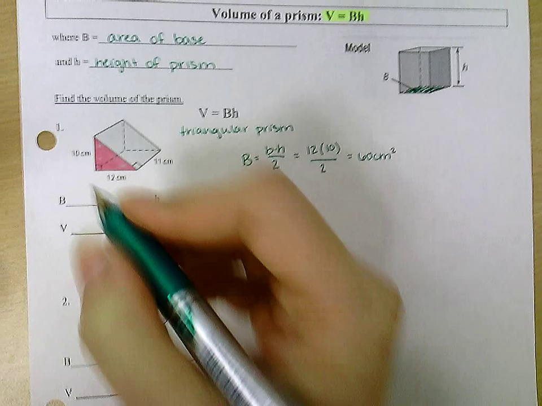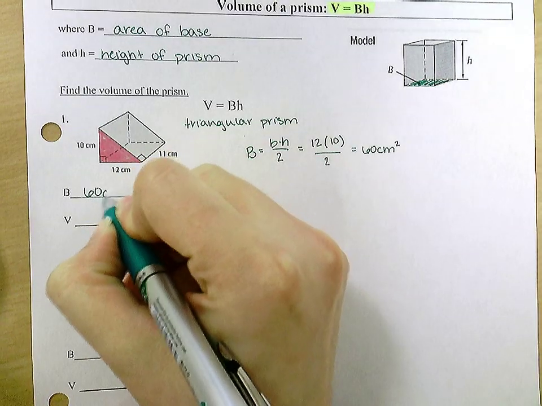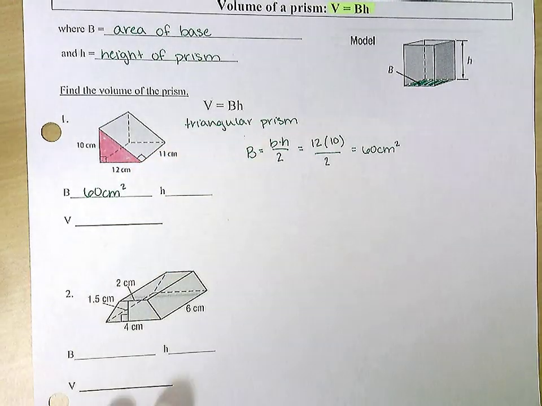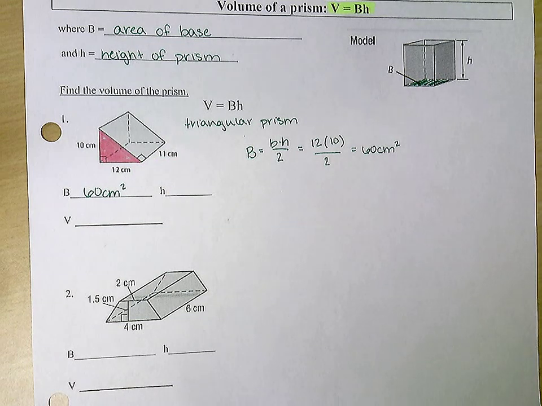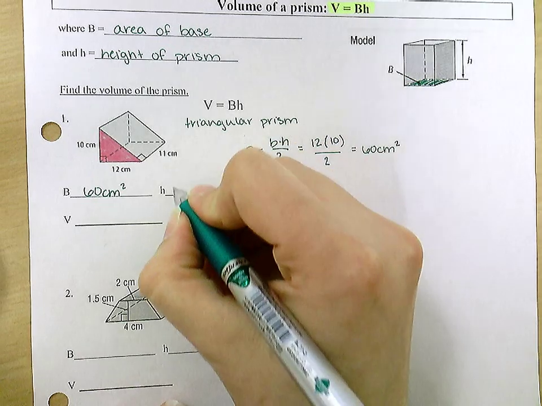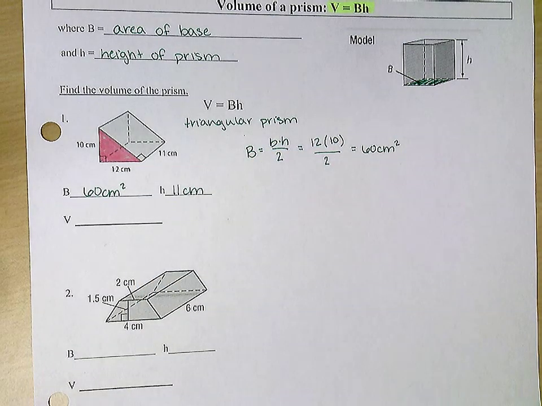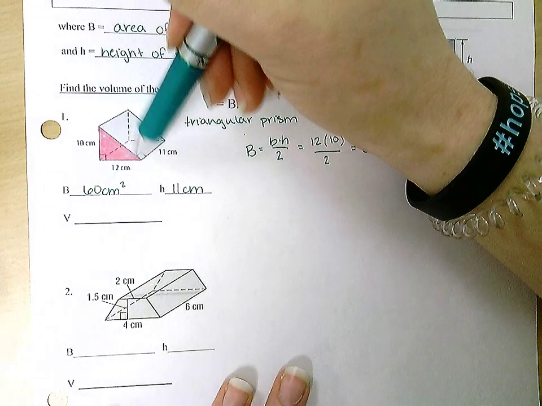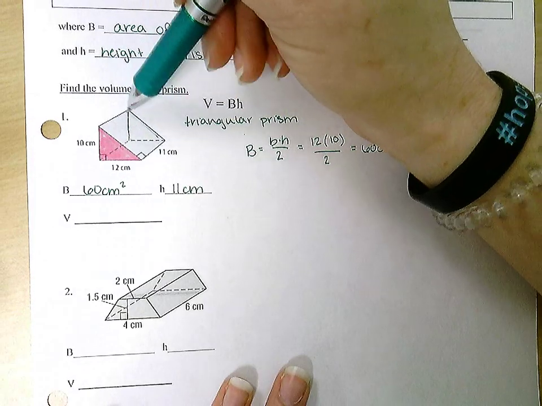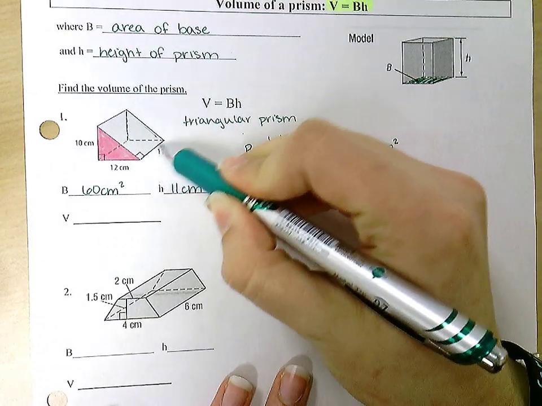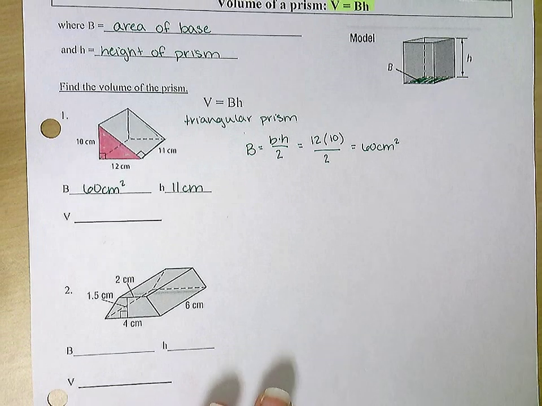So now I also need H, or the height. What is the height of this prism? It is 11. The height, again, is the distance between your two bases. Since my base here is a triangle and my other base is a triangle, the distance between the two is 11.